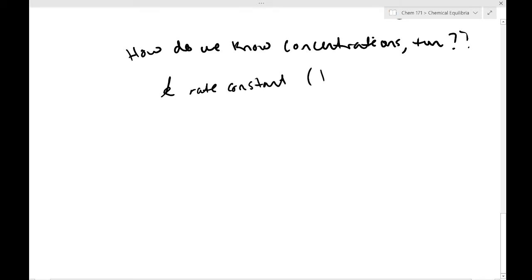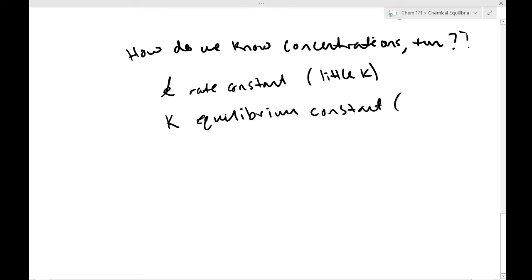Okay, this is a little k. Right now we're going to introduce a new constant with uppercase K, and this is the equilibrium constant. And it's an uppercase K.